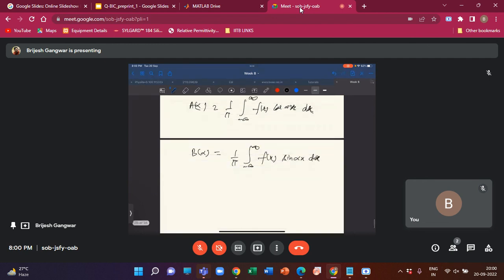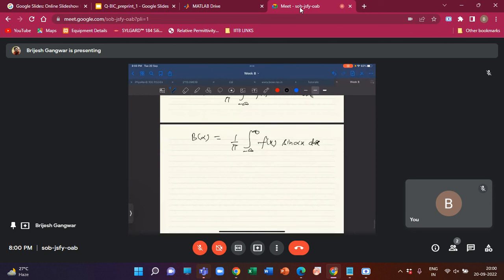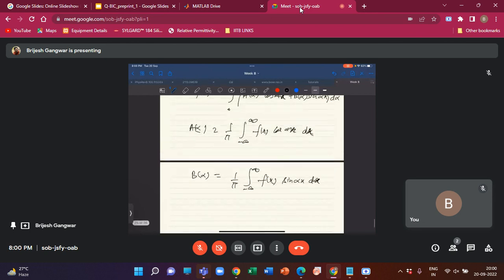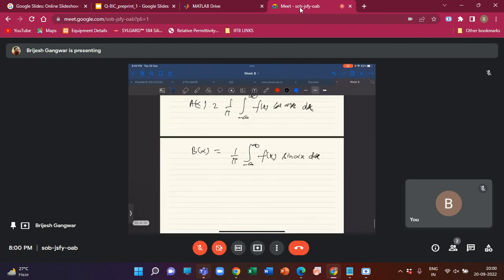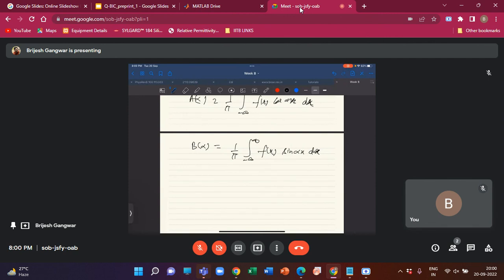Okay, so this result 1 holds if x is a point of continuity of f(x). If x is a point of discontinuity, we must replace this f(x) by f(x plus 0) plus f(x minus 0) upon 2. As in the case of Fourier series, note that the above conditions are sufficient but not necessary.